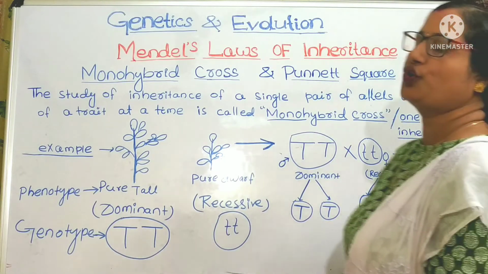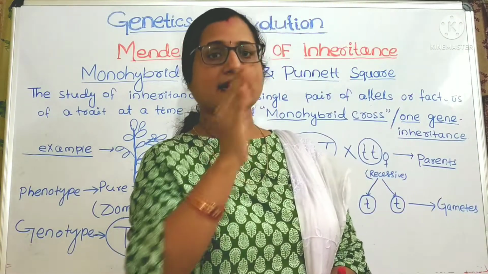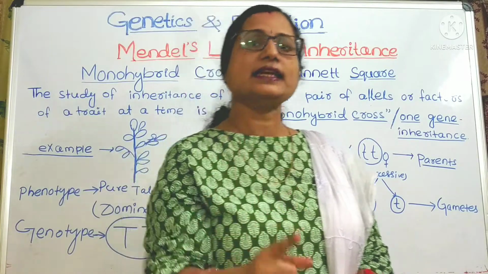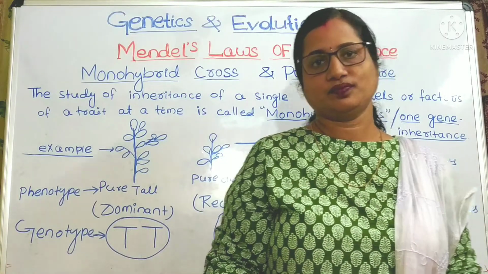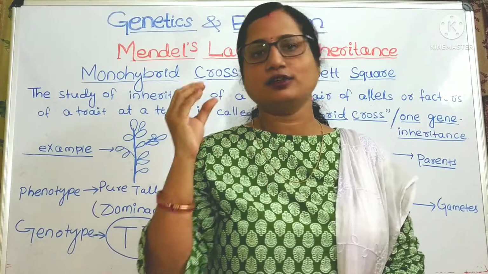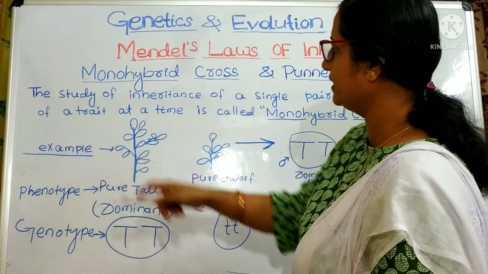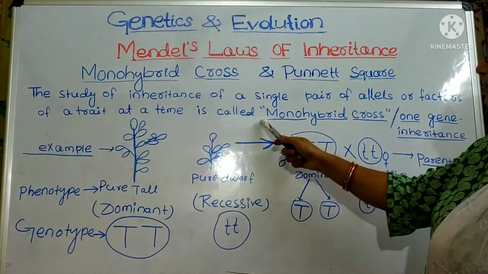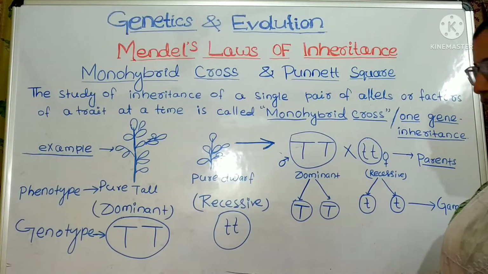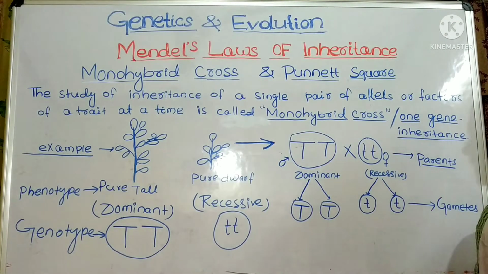The study of inheritance of a single pair of alleles or a single factor of a trait at a time is called monohybrid cross or one gene inheritance.